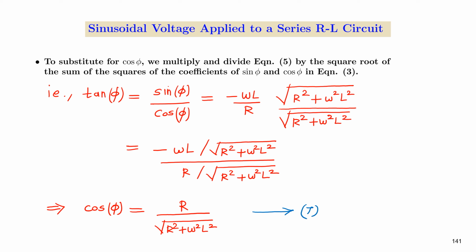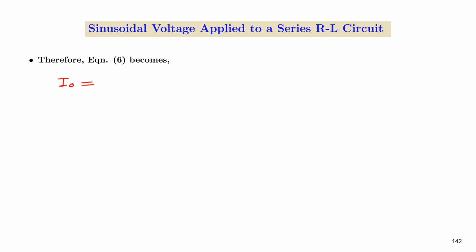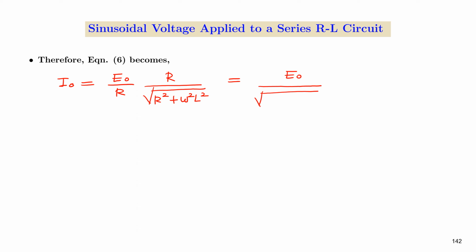We'll now substitute this in equation number 6. Therefore, the current amplitude I0 will be E0 over R multiplied by R over square root of R square plus omega square L square, and this is equal to E0 over square root of R square plus omega square L square.